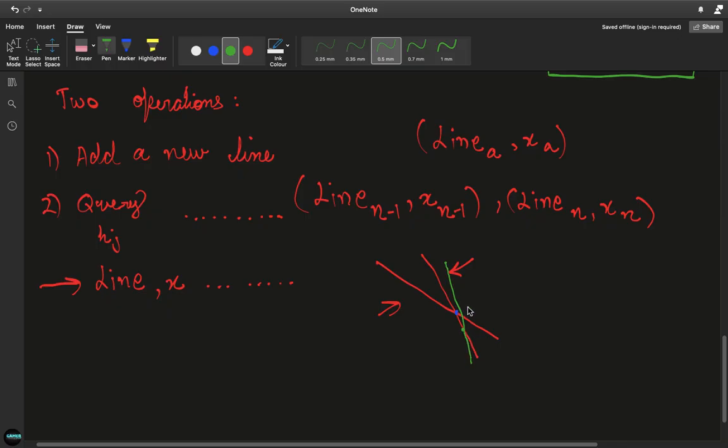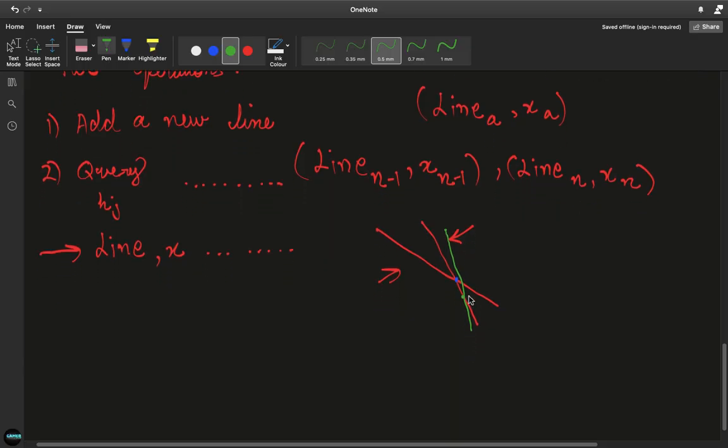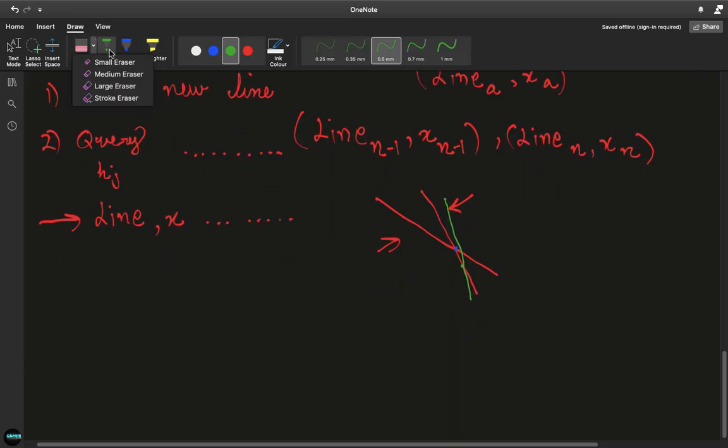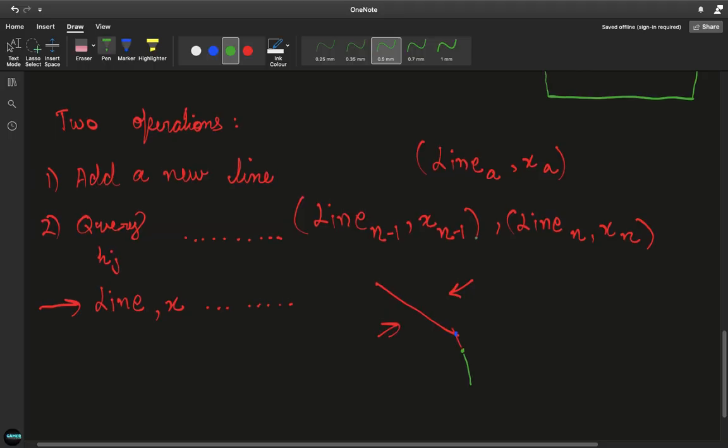So now we just add the green line to the back of our data structure with this new intersection point telling us the x value from which this line starts becoming useful, and our final data structure looks something like this. Okay, so this is how you add a new line.